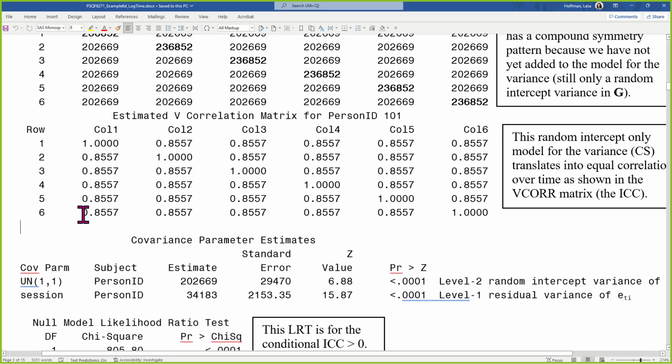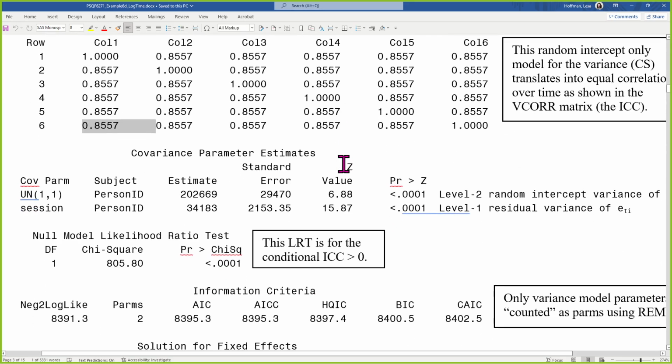So 0.86 is how correlated the occasions are from the same person after we control for a linear effect of log time. So I would call this a conditional intraclass correlation because it's after predictors to some extent. So there's a lot of constancy implied by this model in how people perform on this task.